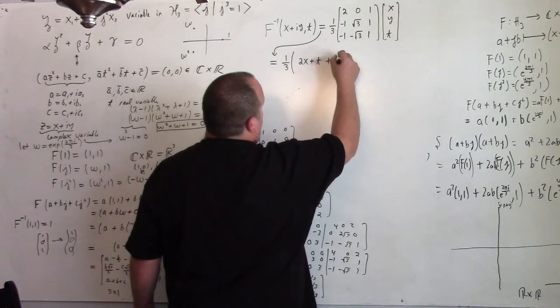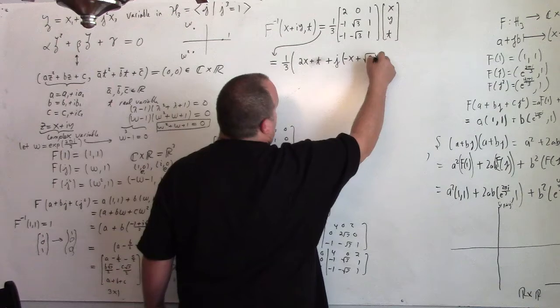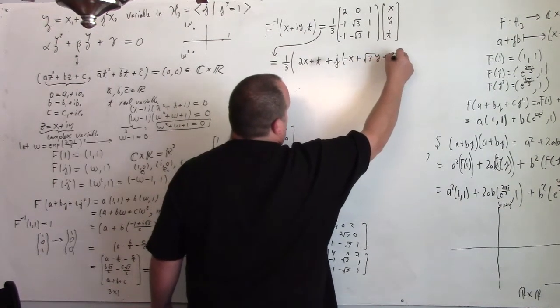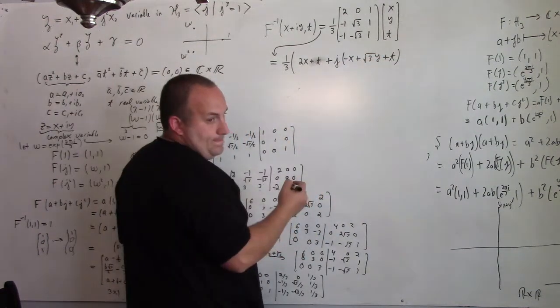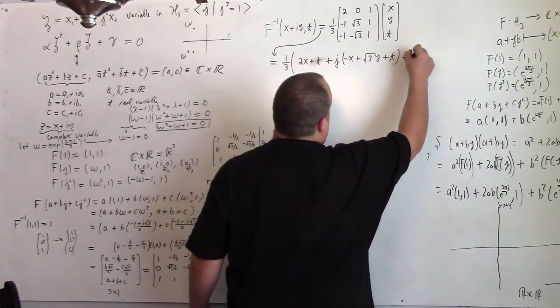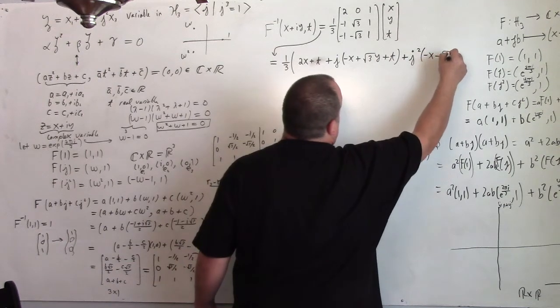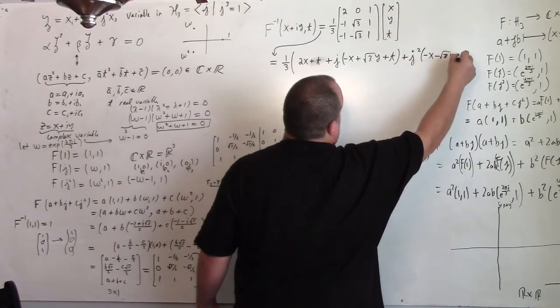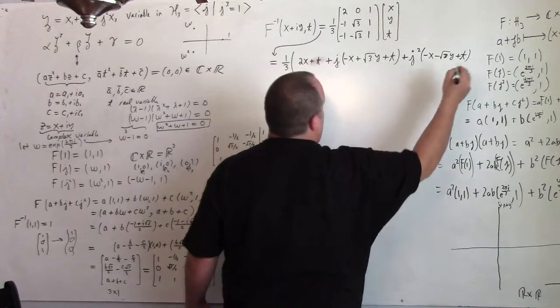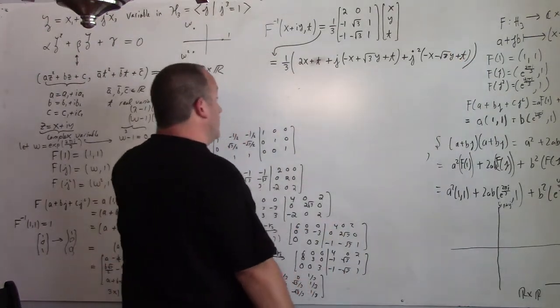Plus j times minus x plus square root of 3 times y plus t, plus j squared times minus x minus root 3 times y plus t. There's a third that multiplies the whole thing.